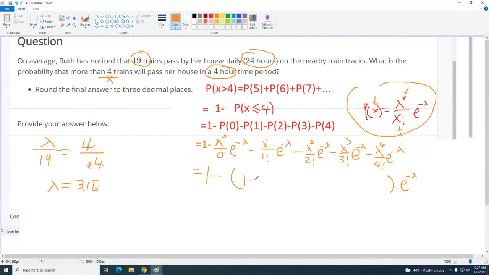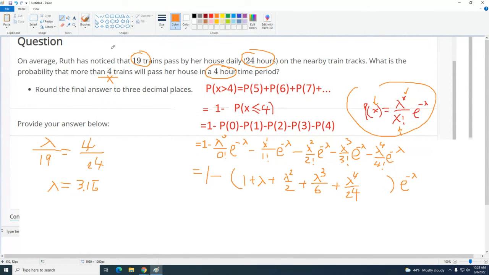So it's 1 plus lambda, plus lambda squared over 2, plus lambda cubed over 3 factorial, which is 6, plus lambda to the power of 4 over 4 factorial, that's 24. That's all it is. Are you okay so far?